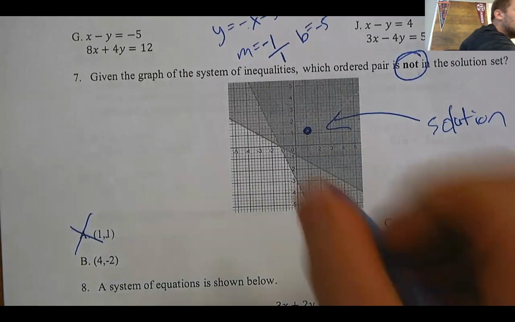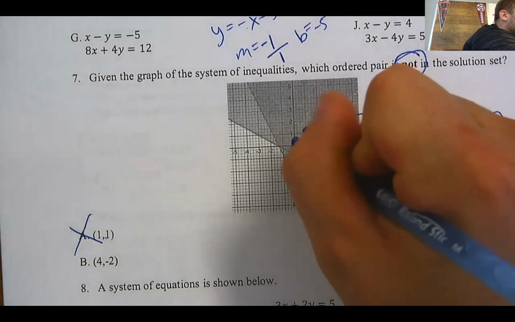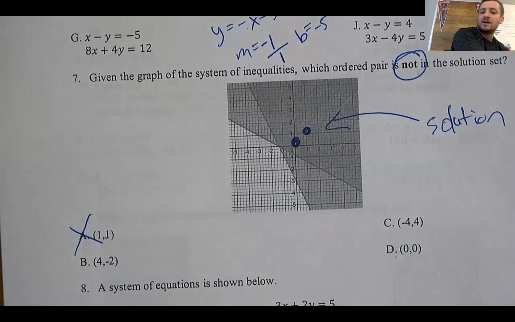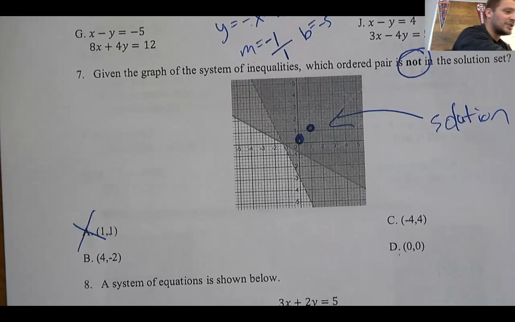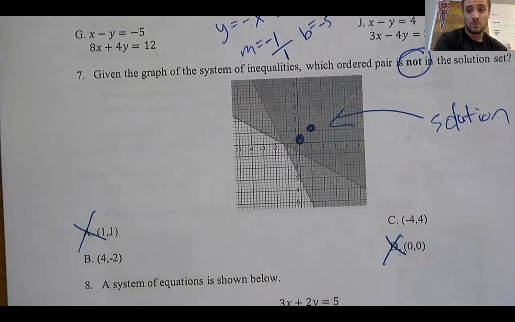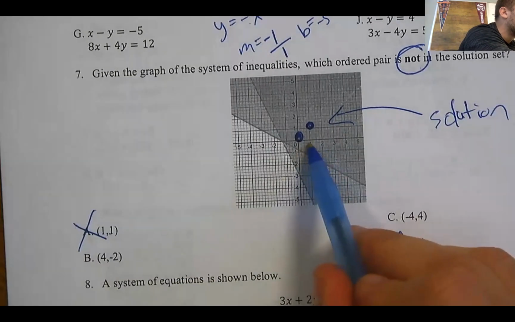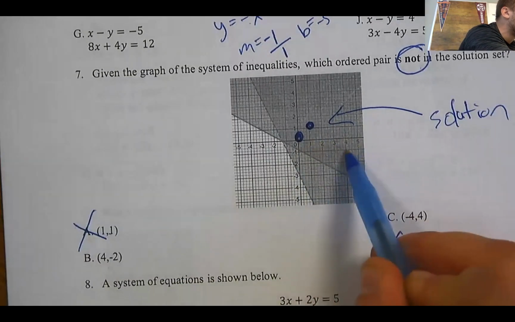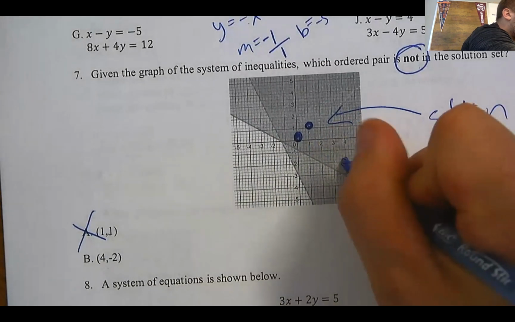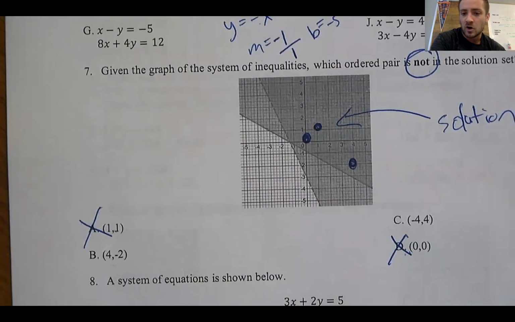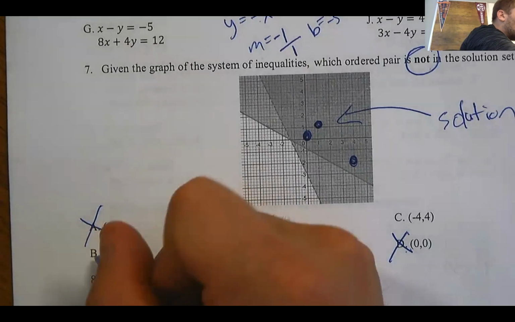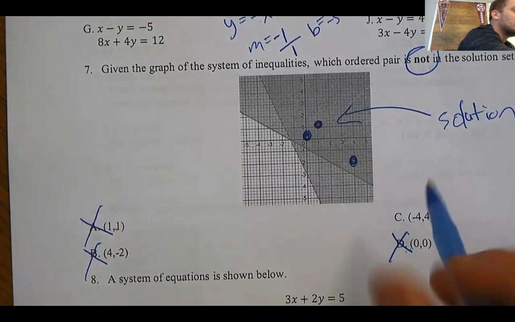Look at D. 0, 0. That is in our double shaded area. So that is a solution, which means we're looking for some other point. What about 4, -2? So 1, 2, 3, 4, and down 2. That point is also in our darker shaded area. So B is out. Okay, so that only leaves C.